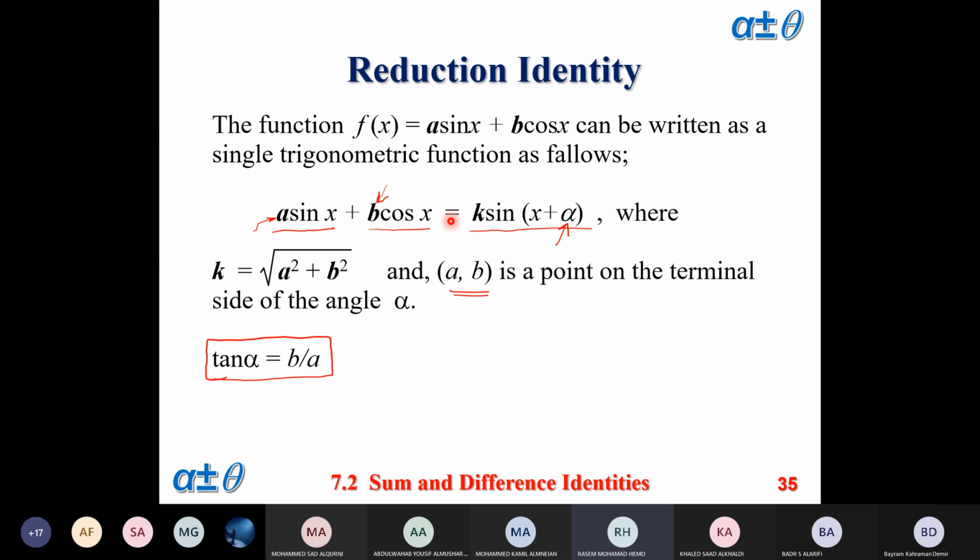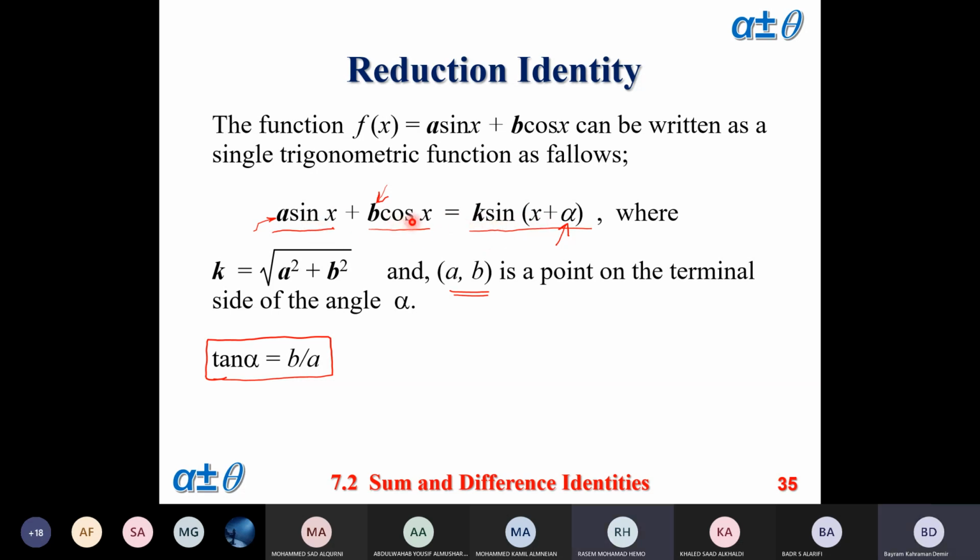Maybe x is different. I cannot use the formula, right? Yeah, we are talking about this one. And why do we choose sine, not cosine, like k cosine of x plus alpha? There is a way to change it to cosine, which will be a little bit more complicated. But this is the easy one.